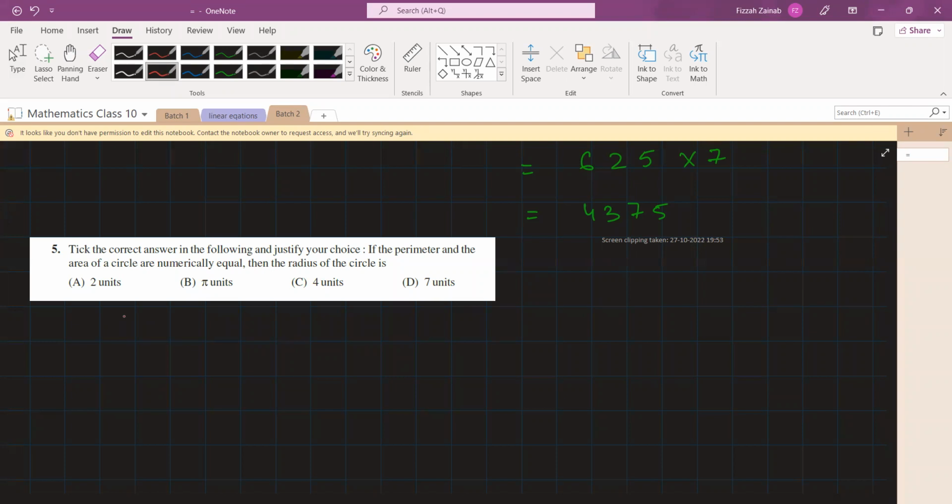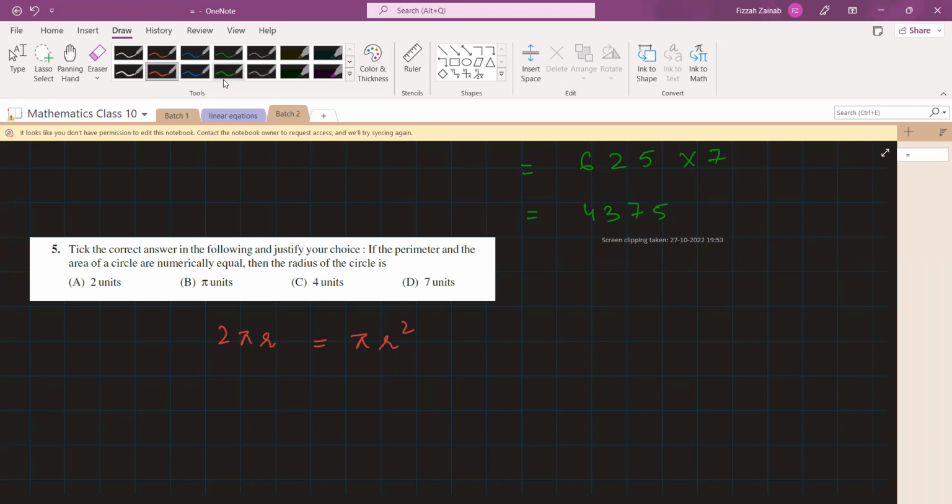If the perimeter and area of a circle are numerically equal, then the radius of the circle is. The perimeter means 2 pi r, right? This is equal to the area of the circle, which is pi r square. Clear? You have to tell what should be the value of r here.